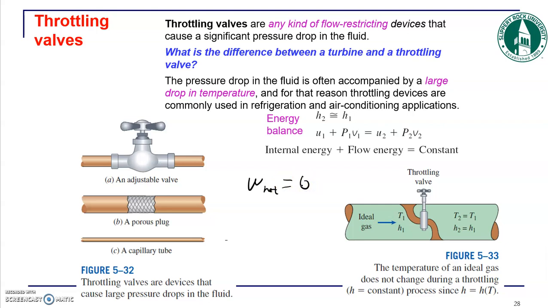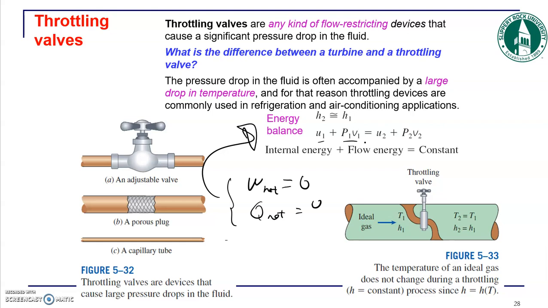And if your device is small enough or the process is fast enough, you have no heat transfer, and therefore based on the first law of thermodynamics, you only have enthalpy left. So enthalpy at the entrance is equal to enthalpy at the exit, and enthalpy is basically internal energy plus flow energy, which is equal for inlet and exit of throttling valves.